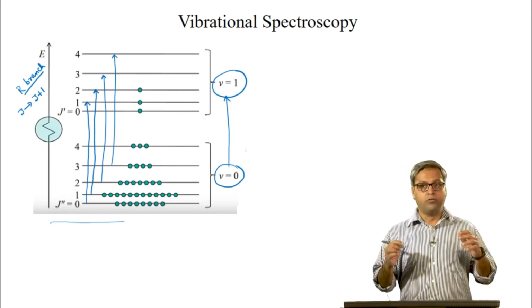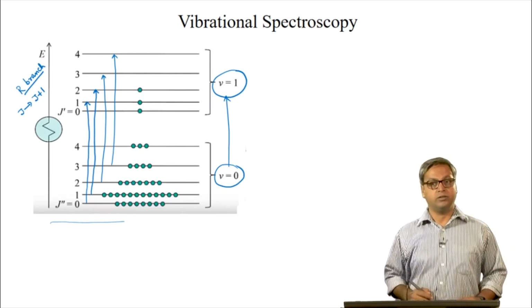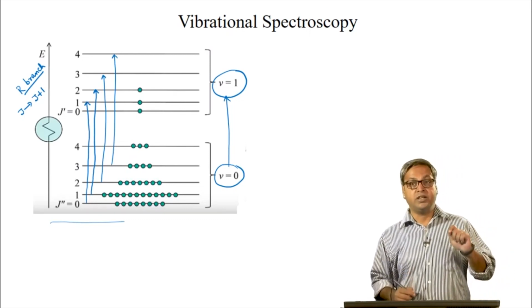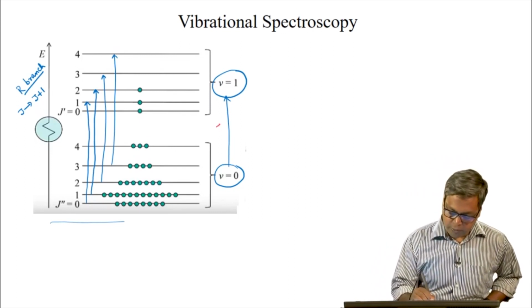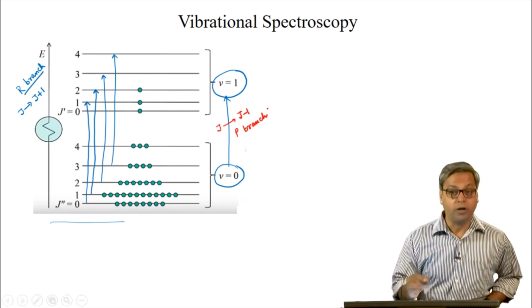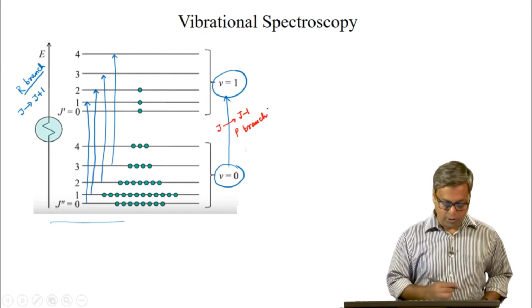And if we now draw the P branch transitions, where J decreases by 1, that means the transition is from J to J minus 1. So, this is for the P branch. So, let us draw them.